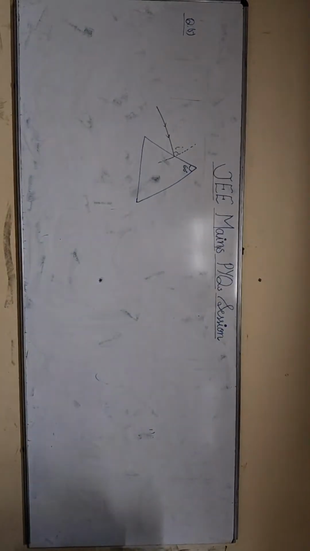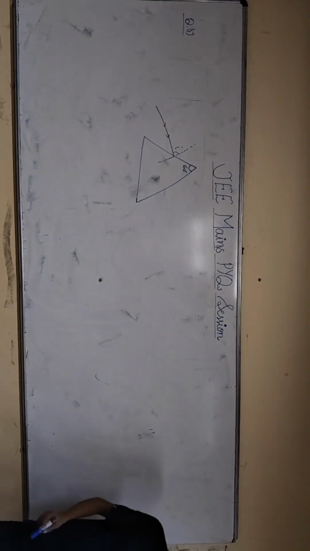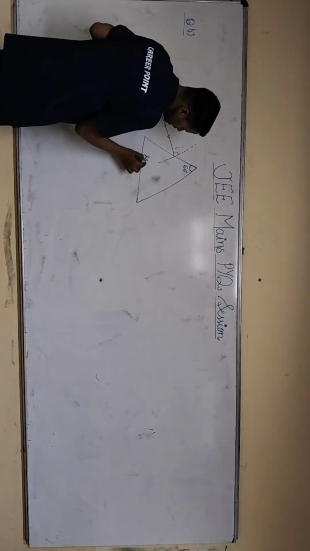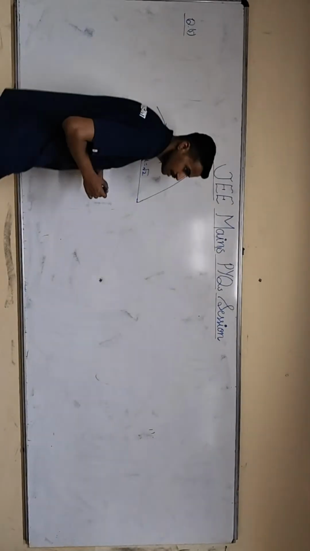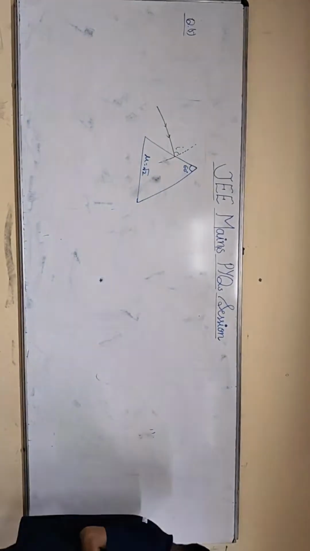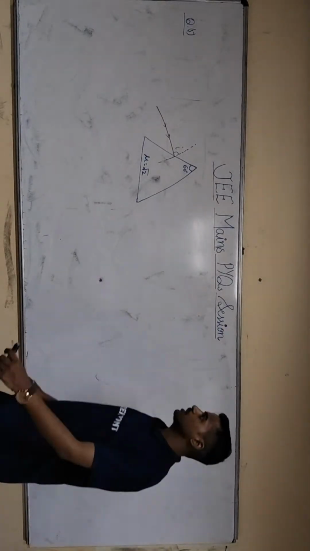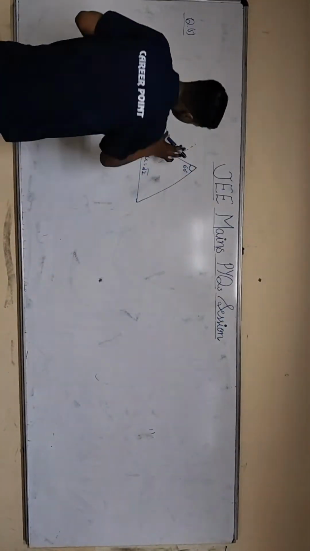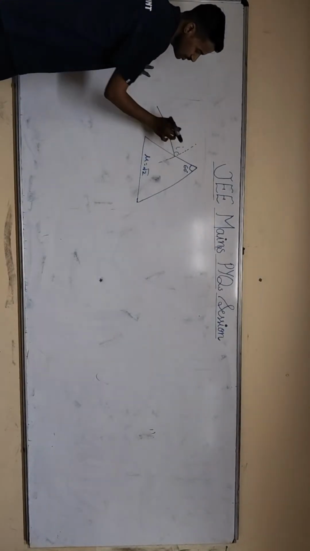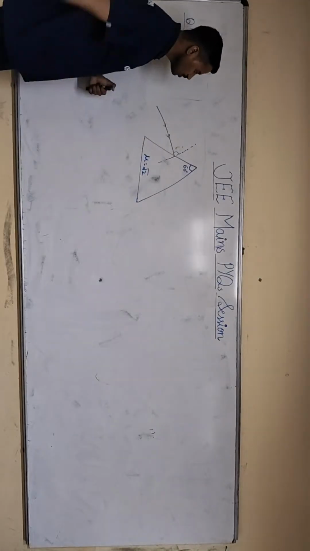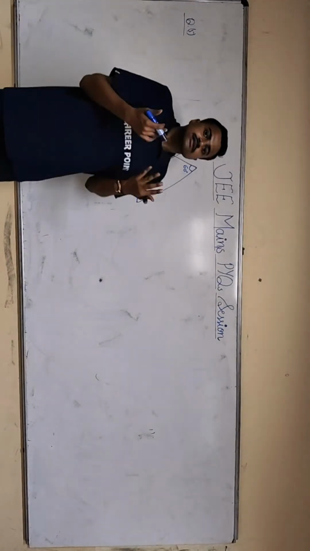The refractive index of this material is under root 2, that is mu equals root 2. I hope this is clear to you. So we have to calculate the angle of incidence in degrees. The magnitude of the angle of incidence is not given.